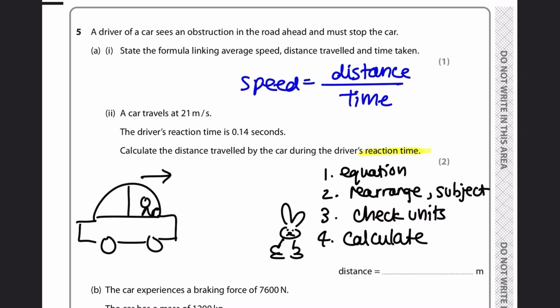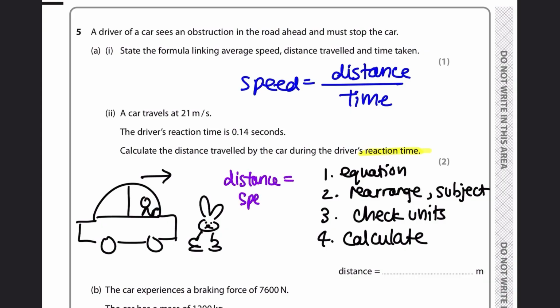Okay, so having done that, let's do exactly this. I need to move the bunny closer to the car so I have some more space. So I already have the equation. It's written on the first part of the question. I need to rearrange, and rearranging it will mean that distance equals speed times time. And my units are correct. I already checked them.